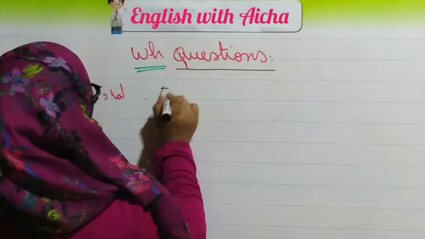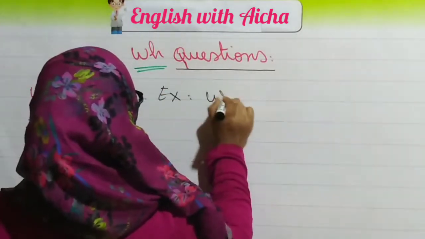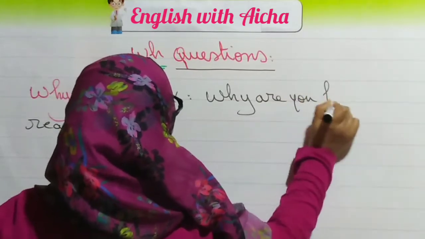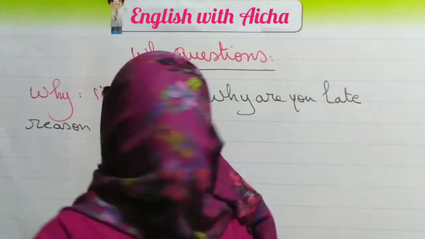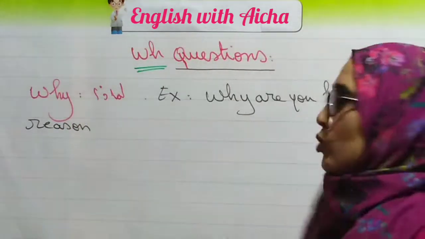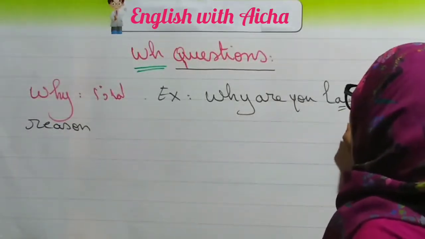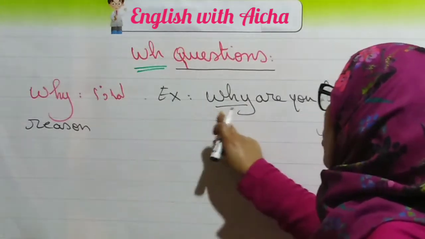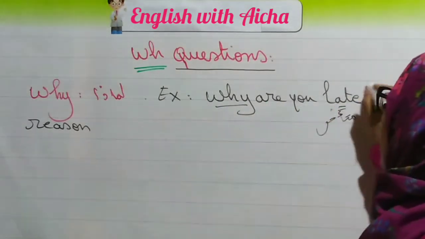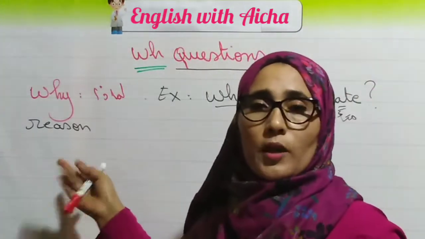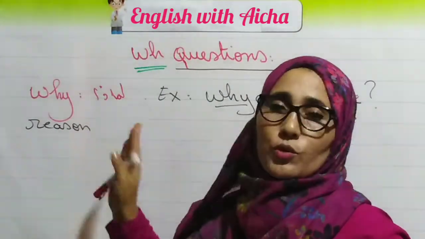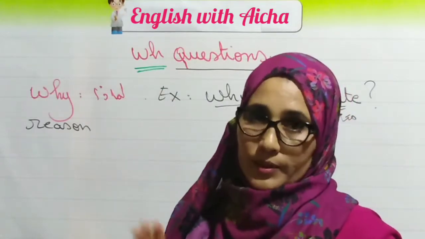For example, we can say, why are you late? Late means late. Okay, why? Okay, why are you late? Okay, so as you have seen, this is the last WH word, and it's used to ask about a reason.